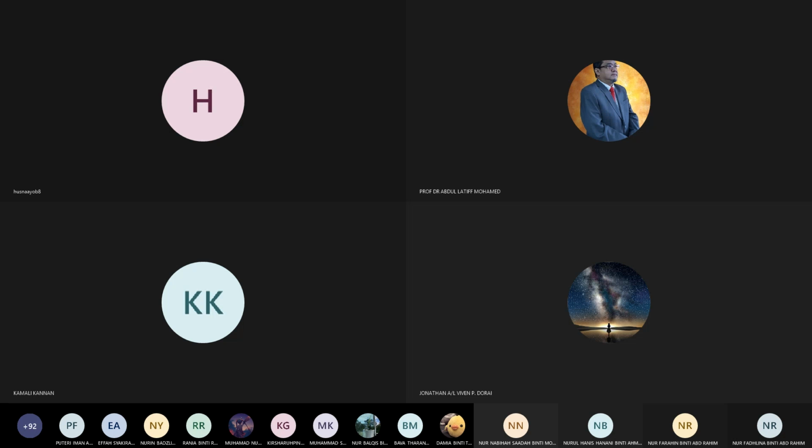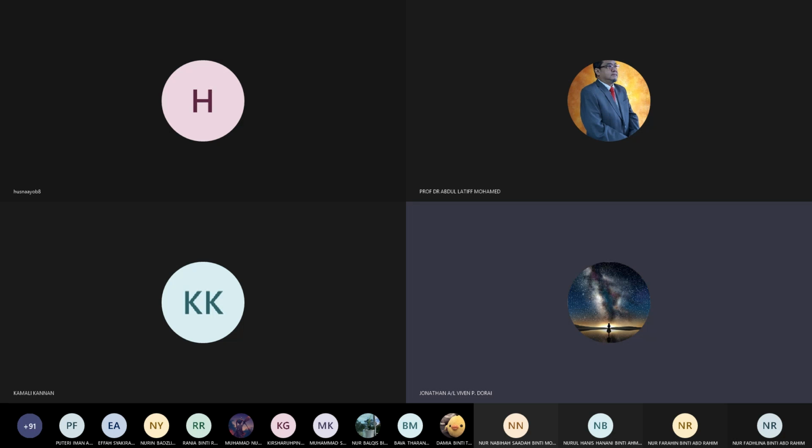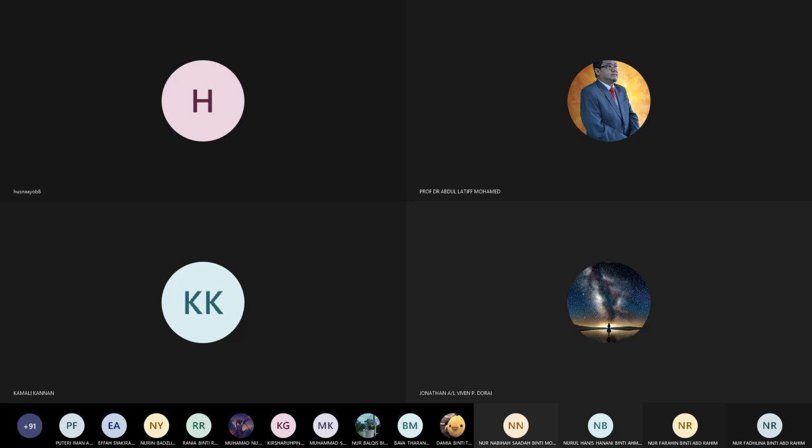So this is the difference between valvular heart disease caused by rheumatic fever, chronic rheumatic heart disease, and the valvular heart disease caused by intravenous drug usage.